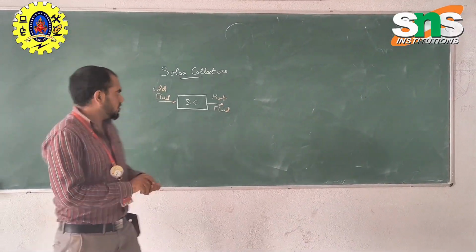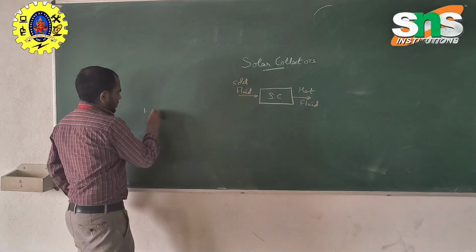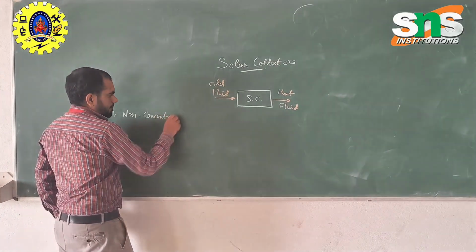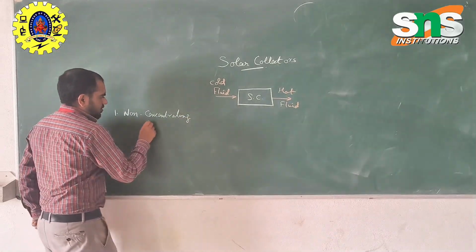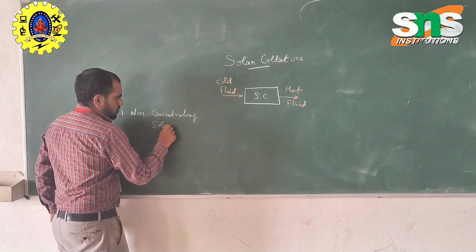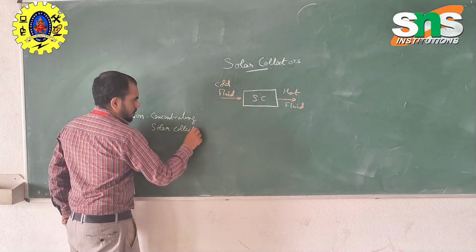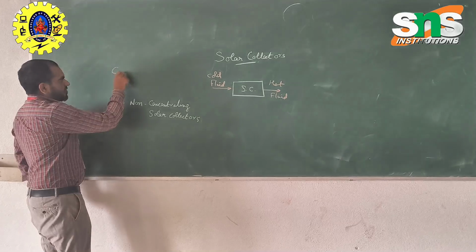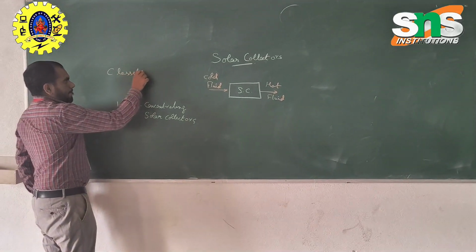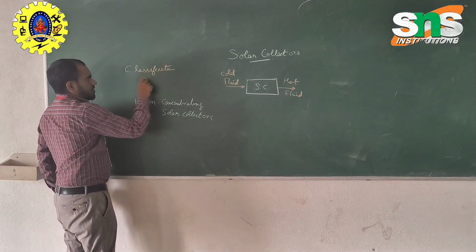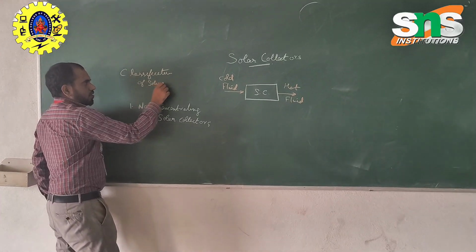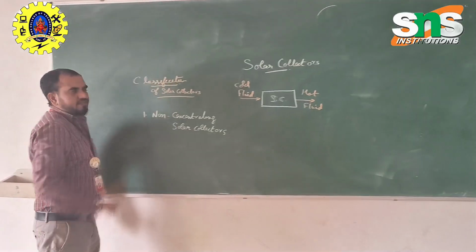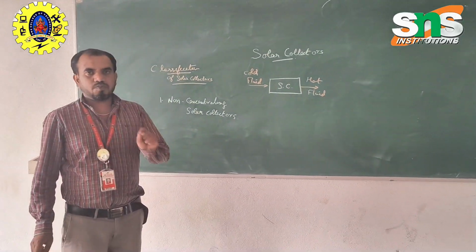One is concentrating and one is non-concentrating solar collectors. When we come to the classification of solar collectors, there are two major types.